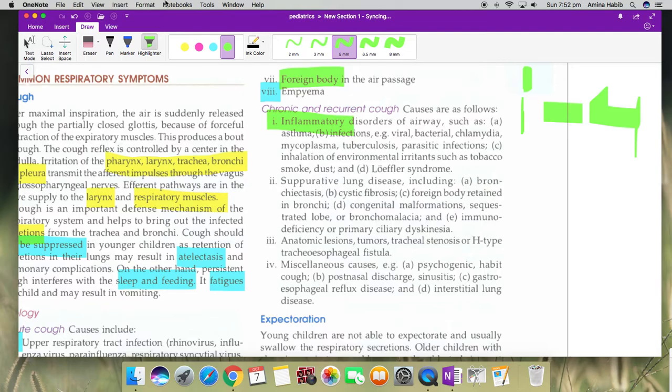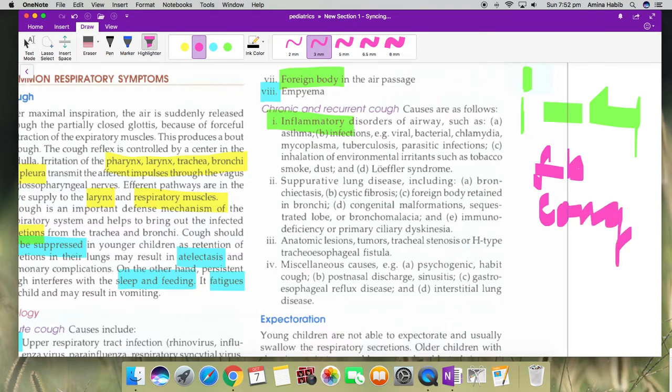Then some again very unrelated and vague things, like foreign body. Foreign body was also coming in acute cough, one and only. So here also foreign body, little vague. Then apart from that, it can be congenital malformations, which means present since birth, so we can't do much about it. So congenital, foreign body, you can remember like a congenital foreign body.